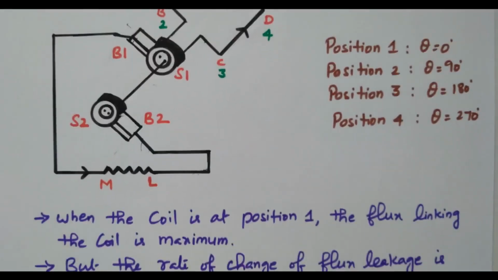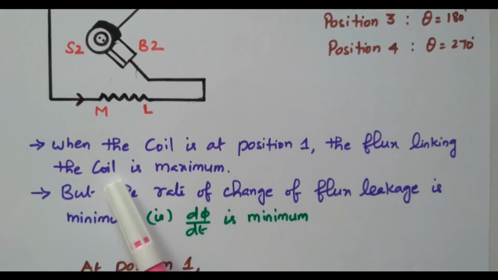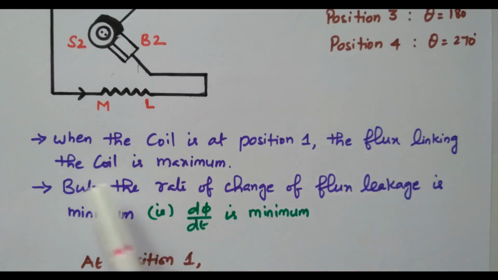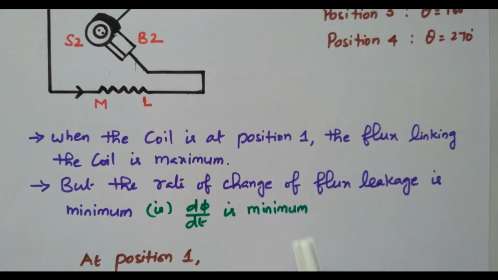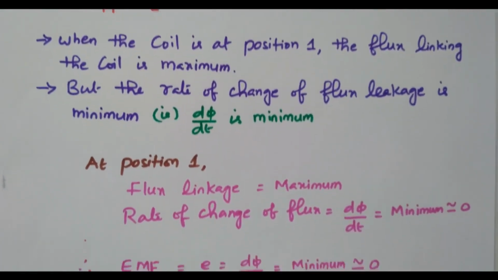Now we'll see the description. When the coil is at position 1, flux linking the coil is maximum. That is, the flux from the N pole is easily linked with the S pole, because the area occupied by the coil is very less, but the rate of change of flux is very less. That is, dφ/dt is minimum. The flux linkage is maximum, but the rate of change of flux is minimum.